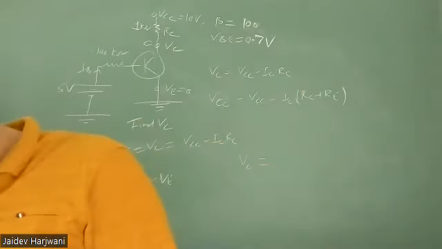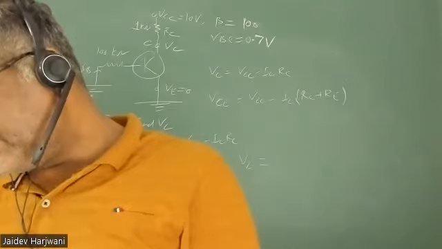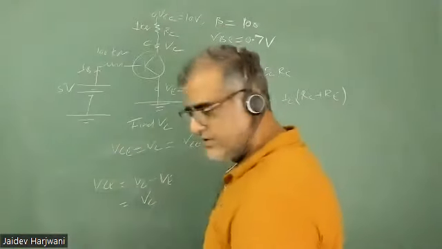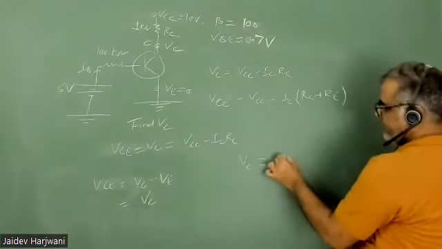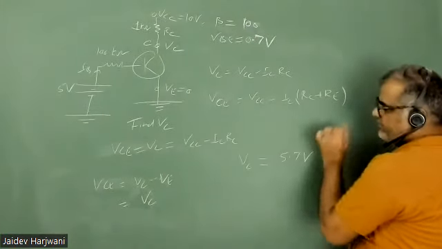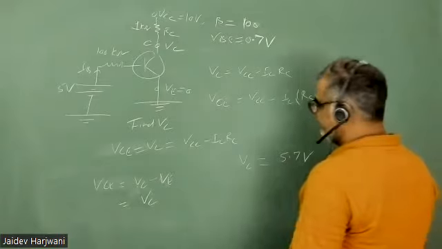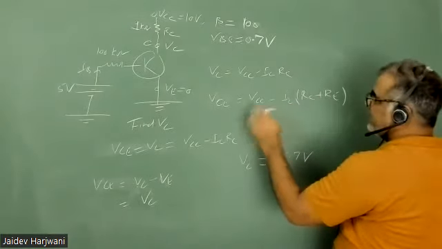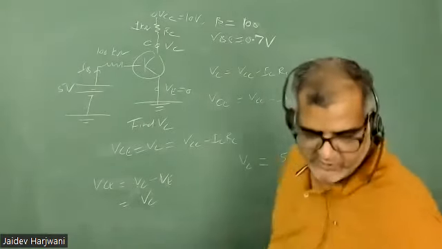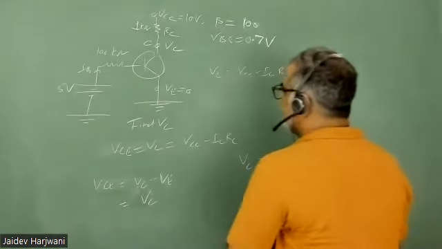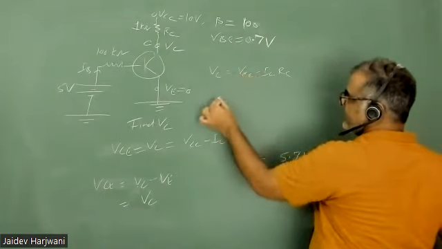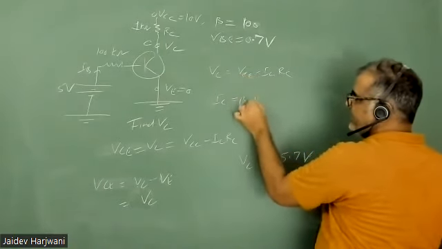Now how to calculate VC? For VC we need IC first. 5.7 volt, sir. Yes, 5.7 volt is coming. So first you need to calculate IC. This is 0 here. RC is given, and IC is beta IB.